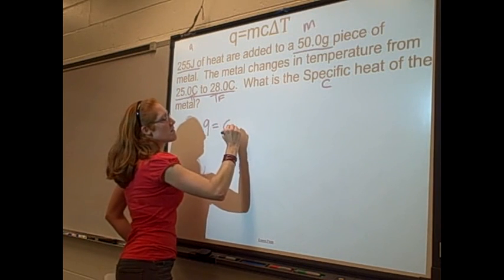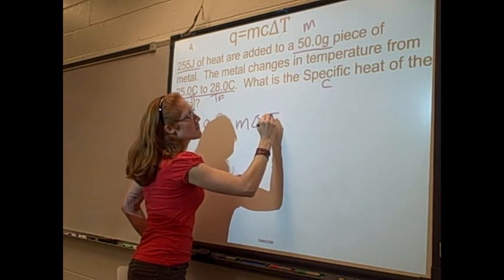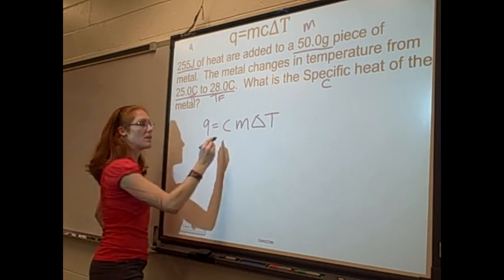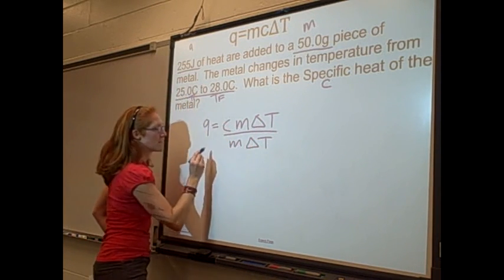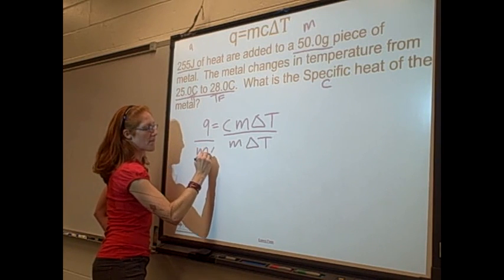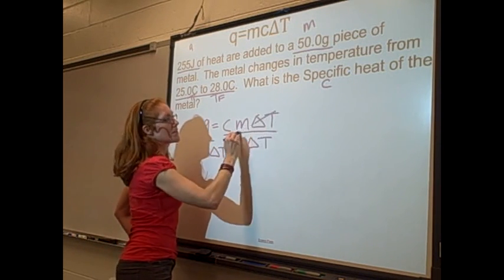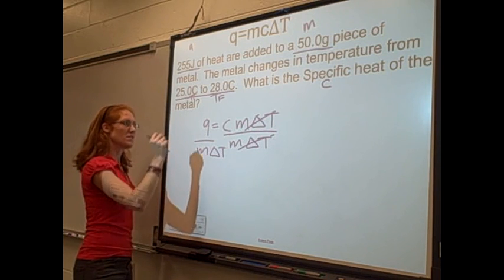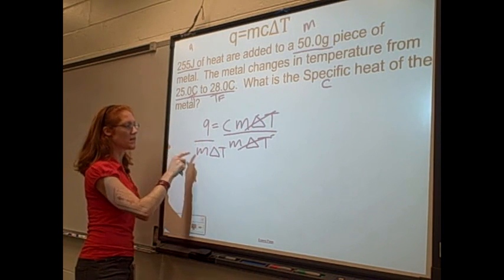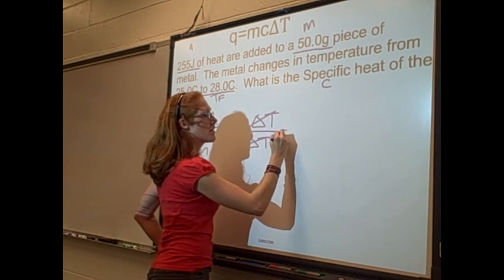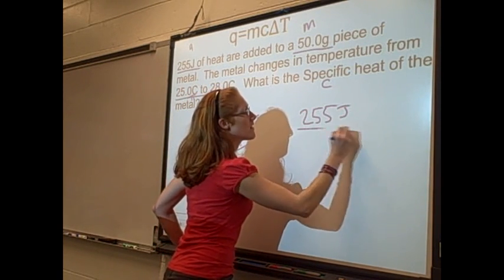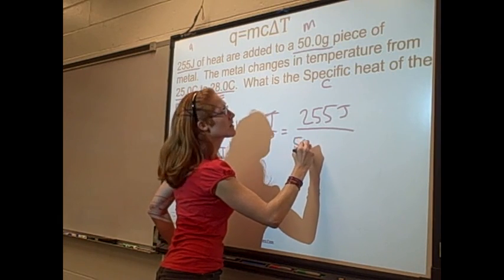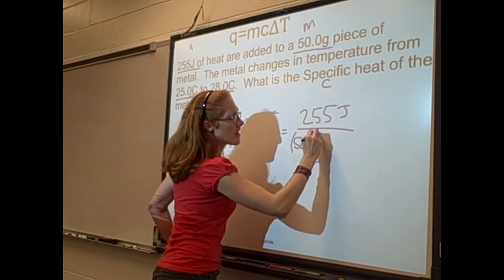I can see that I'm solving for the C, so I want to get the C alone. I'll undo what's being done to it. I'll divide both sides by m delta T. So m delta T divided by m delta T is just 1. So C equals the joules divided by the mass times the change in temp. So that's the joules divided by the mass, 50 grams, and the change in temp.